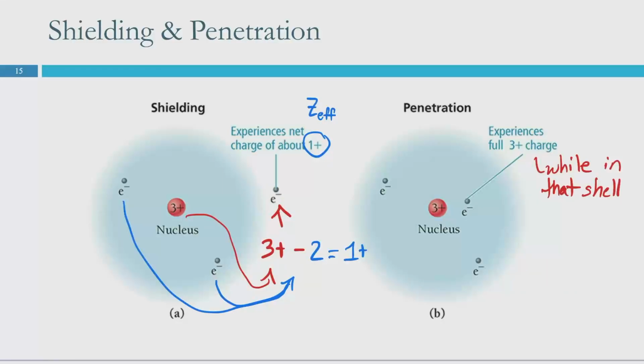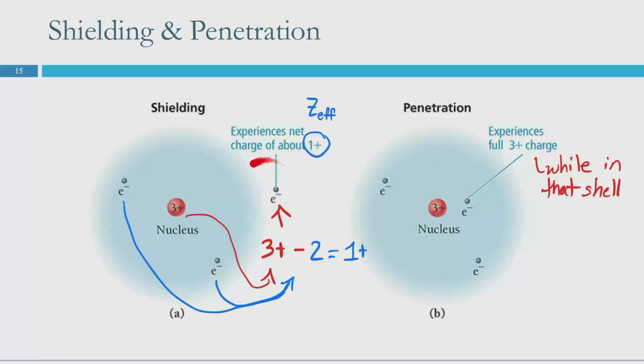This is our third electron. Our nucleus on the inside has a 3+ charge, but because there's 2 electrons inside, we subtract away 2 of those positive charges. They're effectively canceled out by these electrons. And so that means that the electron that's outside is only experiencing a 1+ charge, and this is the effective nuclear charge, or Z sub EFF.